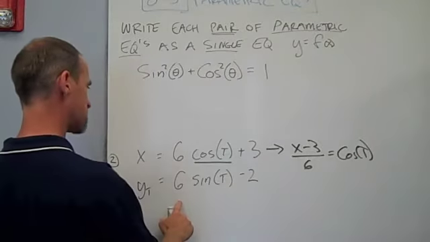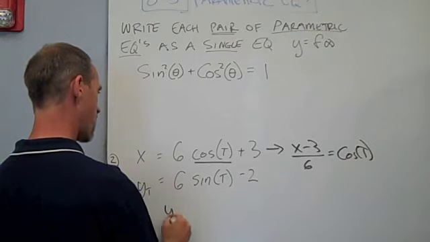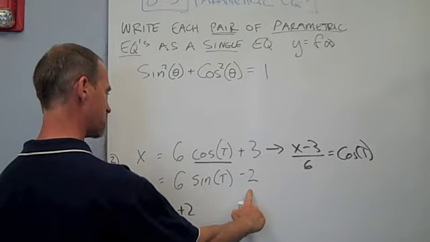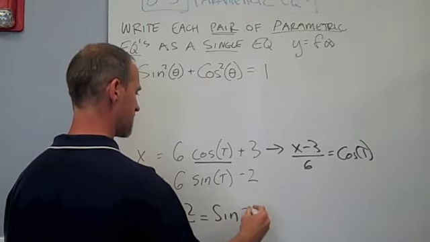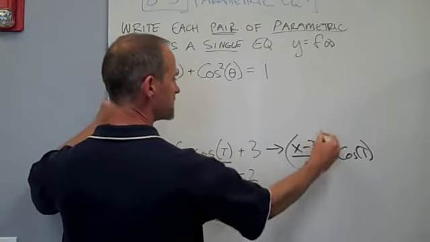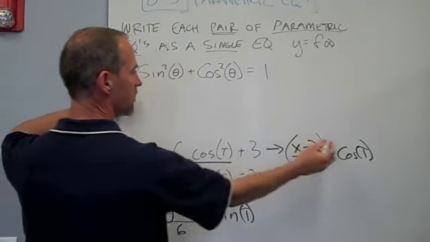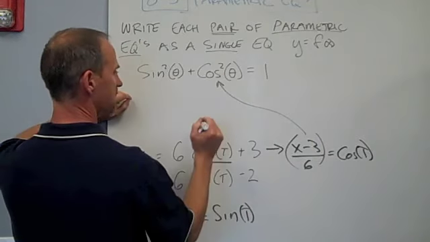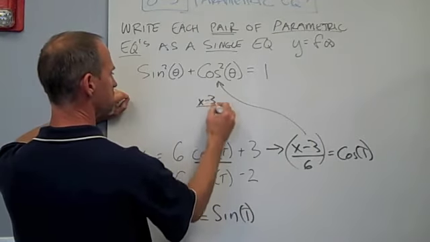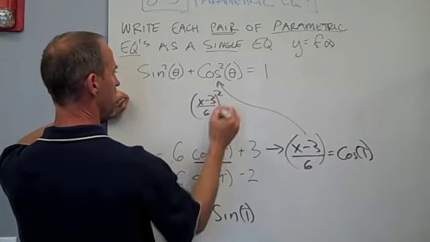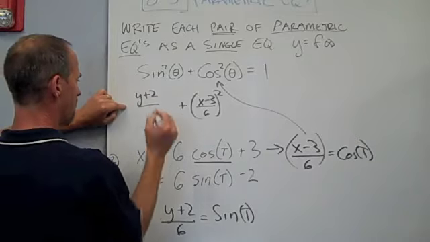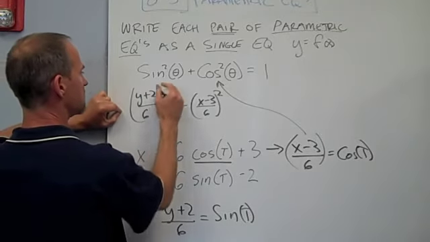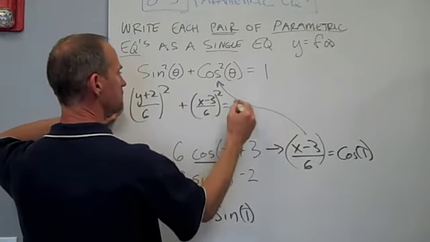And I solve this in the same way, and I get y plus 2, when I add 2 to both sides, divided by 6 equals the sine of t. I just put these parentheses in, so cosine here goes in right there, and that's (x minus 3 over 6) squared, and then this is (y plus 2 over 6) squared, and that's equal to 1.